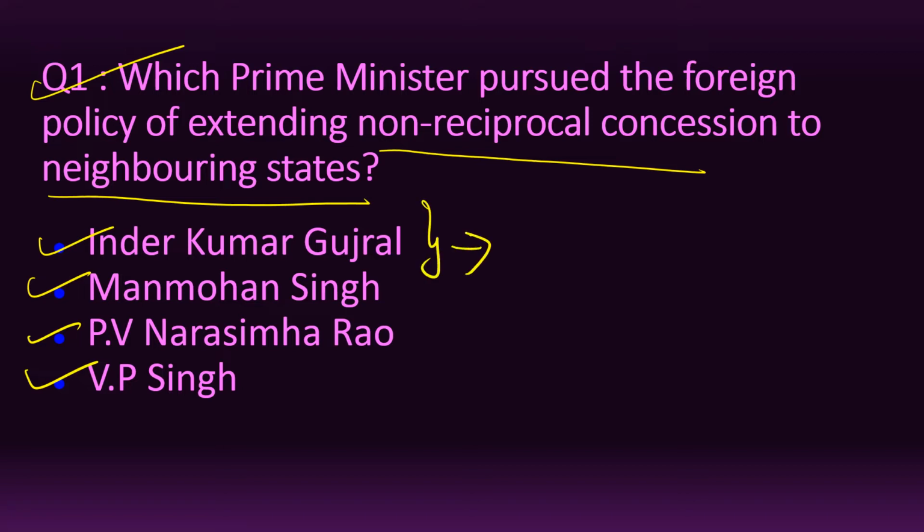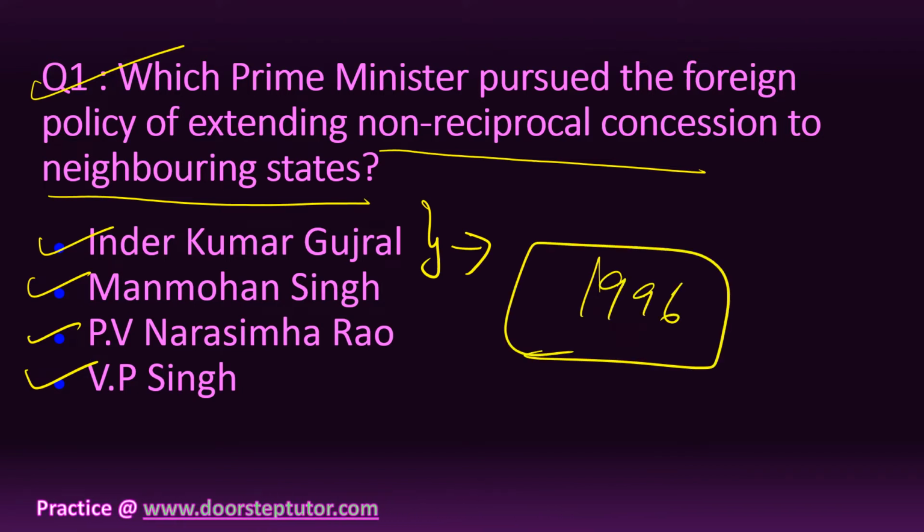If I talk about the Gujral doctrine, it came up in 1996, in the H.D. Deve Gowda government. Former Prime Minister late I.K. Gujral propounded this doctrine when he was the Union Minister of External Affairs in 1996-1997.